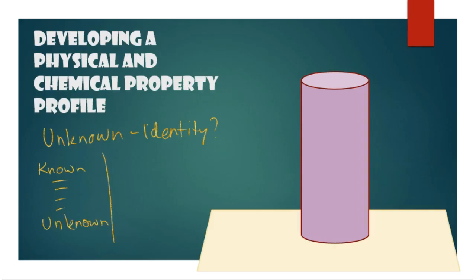And you're going to be doing little tests on those substances to see what the unknown substance matches. Now those tests are going to be tests of its physical characteristics and its chemical characteristics, so that you can compare. Because remember, every single substance, even the ones that are mixed or pure, has a unique physical and chemical property profile. So this is how you're going to do it.